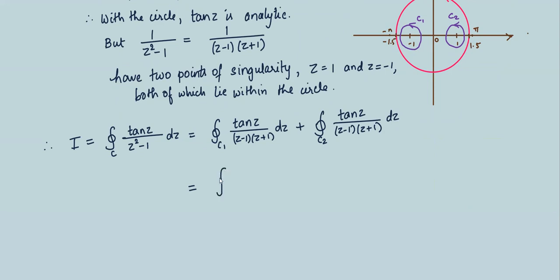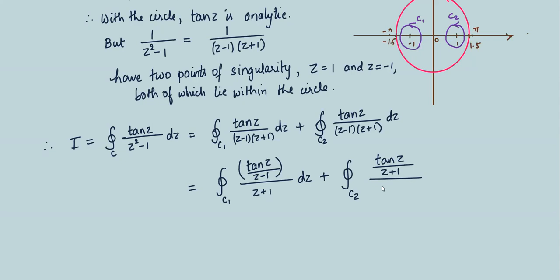So what we will do, we will write this as integral C1 tan z upon (z minus 1) upon (z plus 1) dz plus integral C2 tan z upon (z plus 1) upon (z minus 1) dz. For this path, the point of singularity enclosed is z equal to 1. Here the point of singularity enclosed is z equal to minus 1.